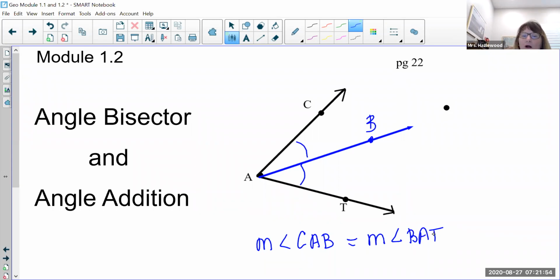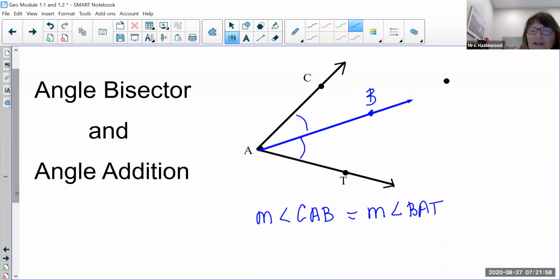And this is an equality statement. If I know they're equal, then I know that they're congruent, so I can write it as a congruency statement. I can say angle CAB is congruent to angle BAT.